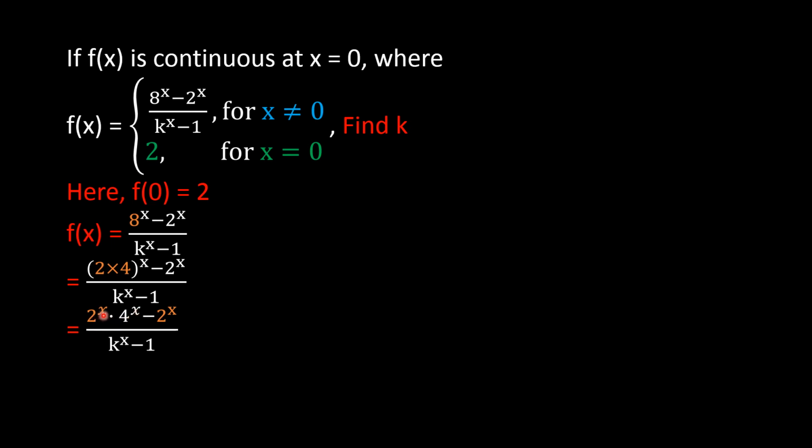After that we will take 2 to the power x common. We will write this function as 2 to the power x multiplied by (4 to the power x minus 1) divided by x, divided by (k to the power x minus 1) divided by x, because we are bringing this function in a particular form whose limit can be found out.